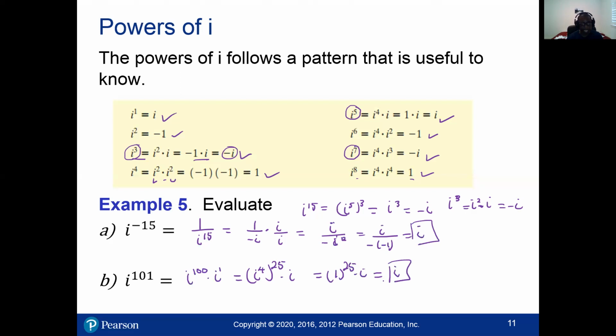Okay. And then we go to the next one that you're going to multiply. You have 2i squared times 1 plus i squared. Okay. So if you distribute, that gives me 2i squared plus 2i raised to the 4.